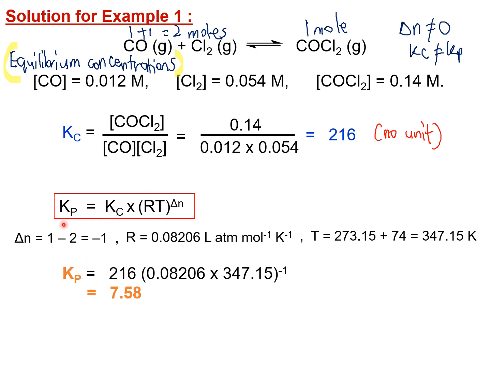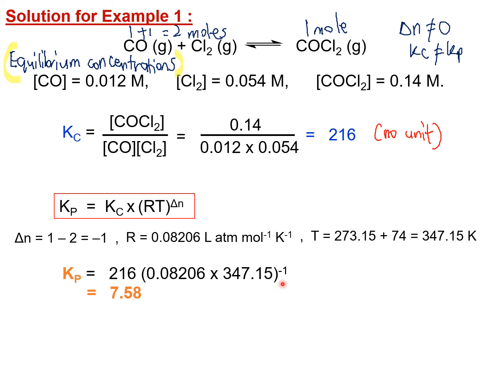And you already know the relationships between Kp and Kc punya formula. So you masukkan saja Kc punya value that you have calculated before, which is 216, times with R, gas constant, 0.08206, times with temperature that you have converted into Kelvin, which is 347.15, and R dengan T ni, you memang kena multiplykan dia, but then it needs to be to the power of -1.